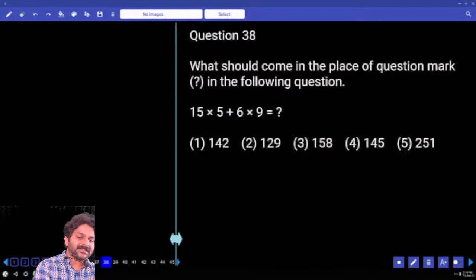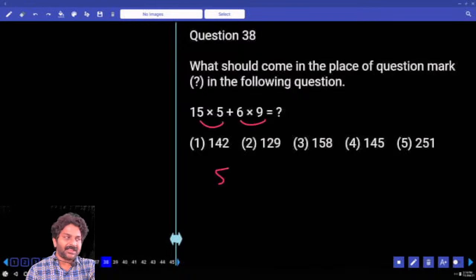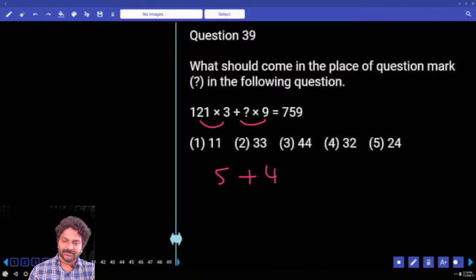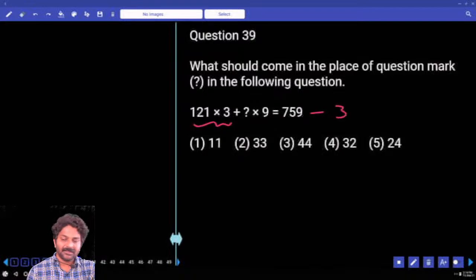Can we do last digit verification? Yes, the options are all ending with different numbers. 5 5s, 5. 6 9s. 6 into 9, 4. The sum ends with how many? Next, this value goes to the right hand side. It becomes minus 3 only. That is equal to x into 9. Now let's do last digit verification. We'll see our luck.